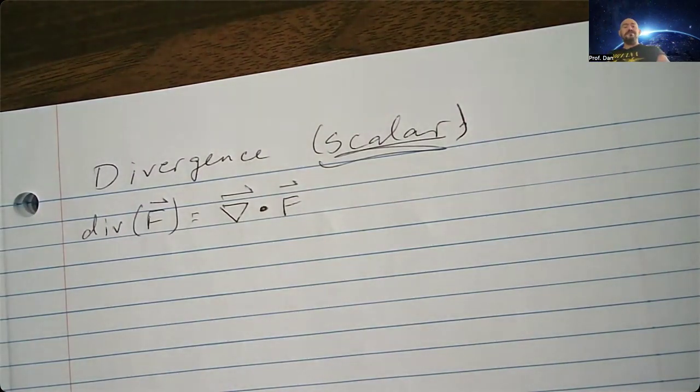So cross product for curl, they both start with C. And remember the result for that is a vector. Dot product for divergence, they both start with D. Remember the result is a scalar, right?